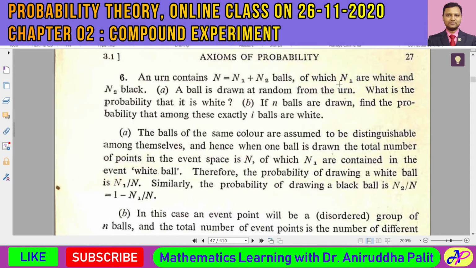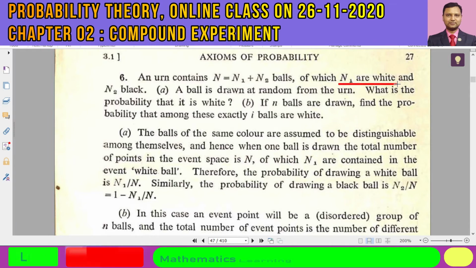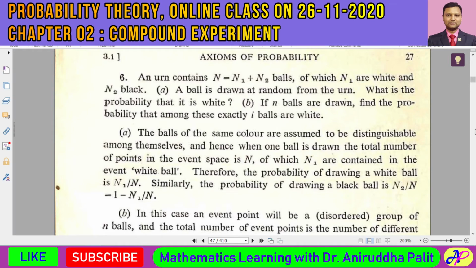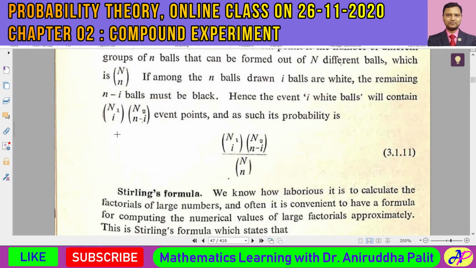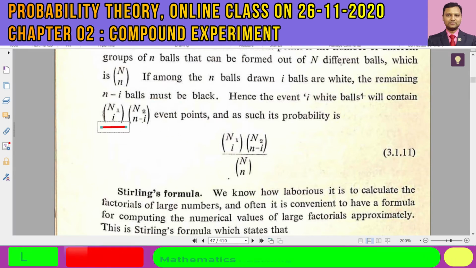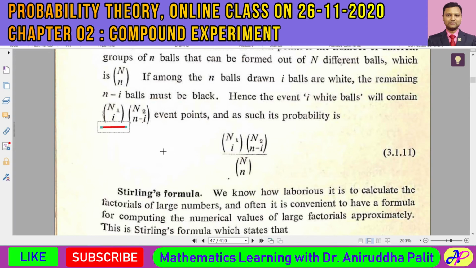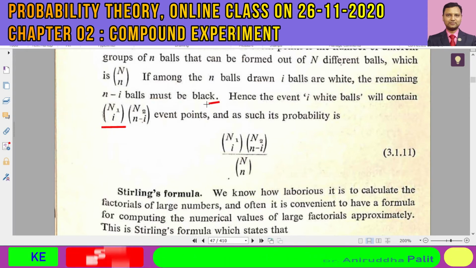So I balls are to be chosen out of these n1 balls in n1 C I different ways, and consequently the remaining n minus I balls are black balls.